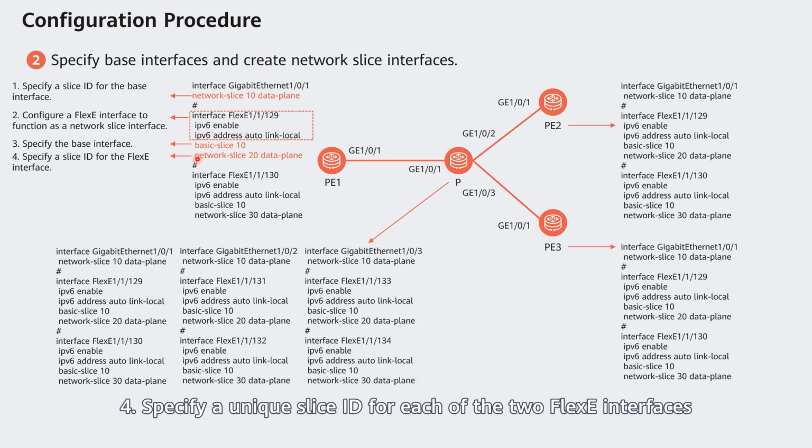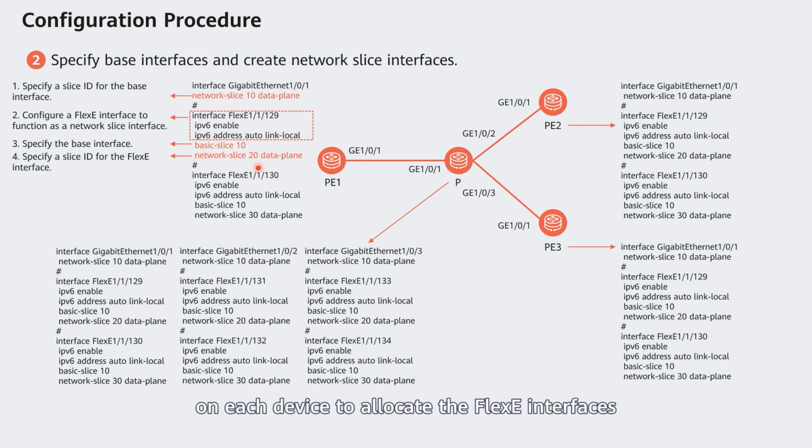4. Specify a unique slice ID for each of the 2 Flex-E interfaces on each device to allocate the Flex-E interfaces to corresponding network slices. The configurations of PE2 and PE3 are similar to the configuration of PE1. On the P, we need to specify the interfaces connected to 3 PEs as base interfaces and create network slice interfaces.